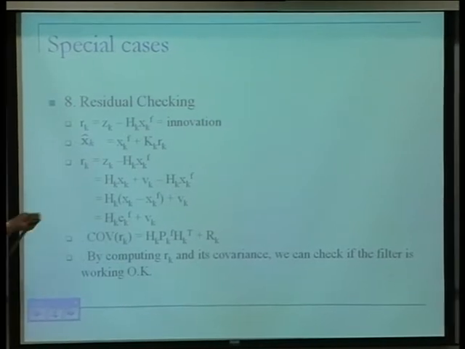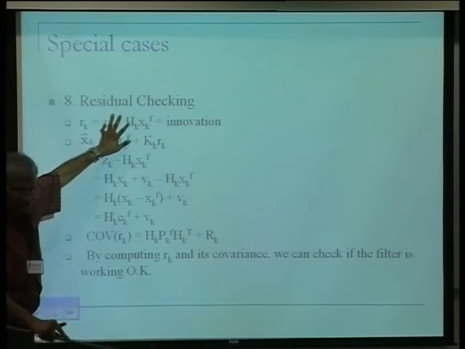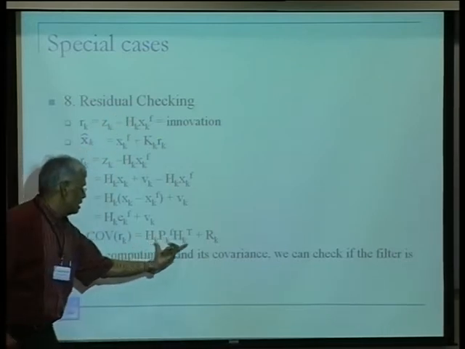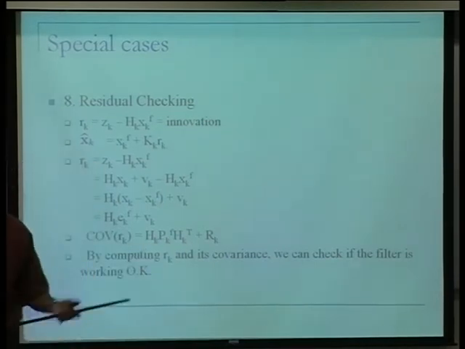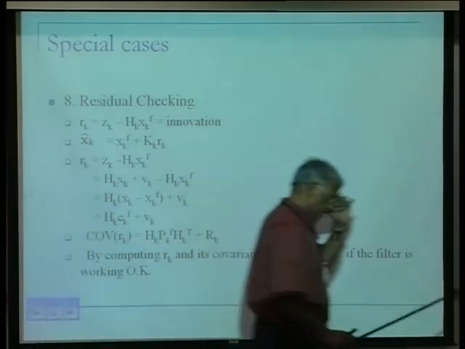So if you compute the covariance of the time series of innovations, and if that matrix is close to this, I know everything in here, then your filter is working well. And you have access to this innovation because the filter computes the innovation every time. So you have access to this by doing an extra computation on the side. One can check whether the filter is working correctly.